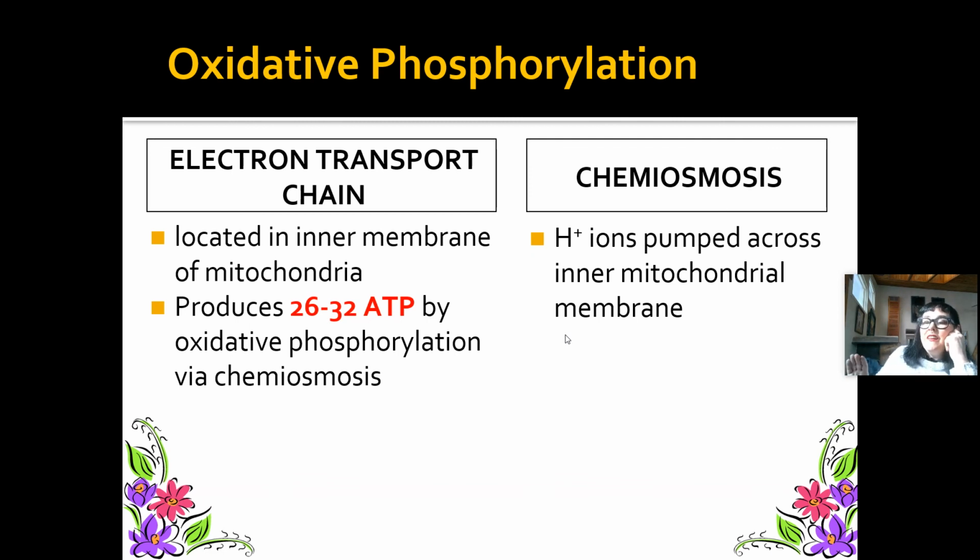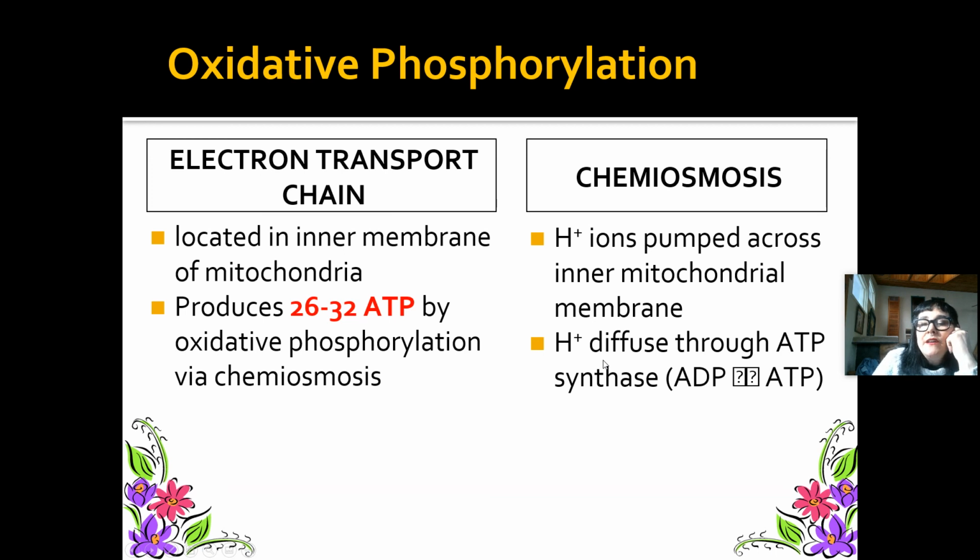The energy from the electrons pushes those through the mitochondrial membrane in the cristae. You're going to get a super high concentration of hydrogens up here, and they're going to go through an enzyme, which also acts like a channel. It's super cool, and this is called ATP synthase.